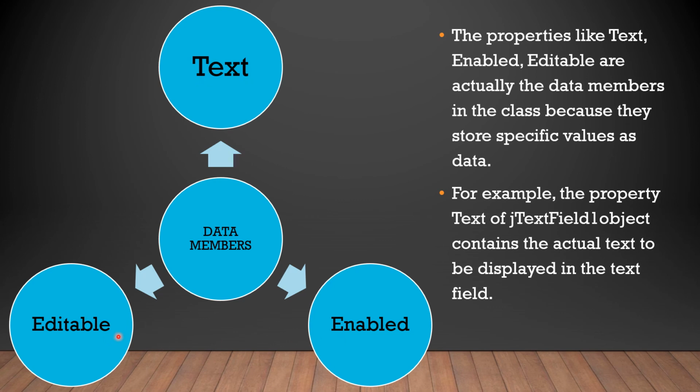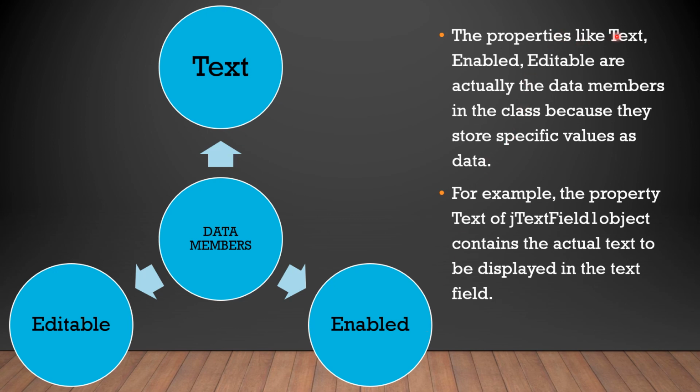It performs the operation on text. setEnabled, setEditable, they perform operations on enabled and editable. In this way, we perform operations or specific tasks on the data members using the methods. So here the data members are text, editable, enabled, and the methods are setText, setEditable, setEnabled. Like this, the data members and methods work.